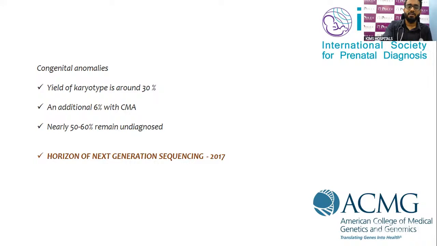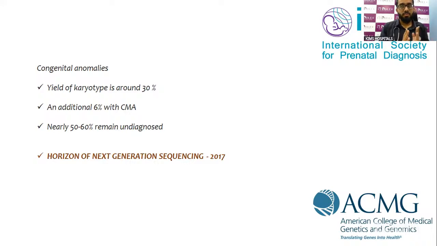We don't know the exact reason for the anomaly. That is when the horizon of next generation sequencing came, because congenital anomalies can happen because of a single gene disorder as well as a chromosomal disorder. It doesn't mean that if the chromosomal report is negative, you don't have a genetic basis. We need to look in depth, at a higher resolution.